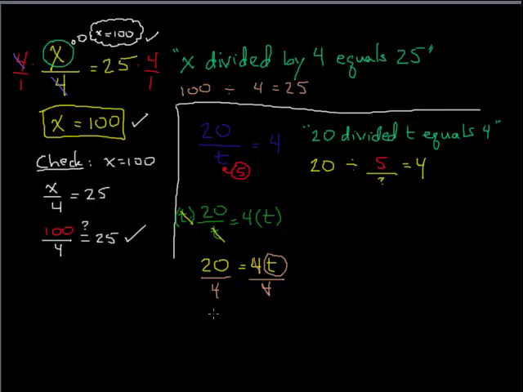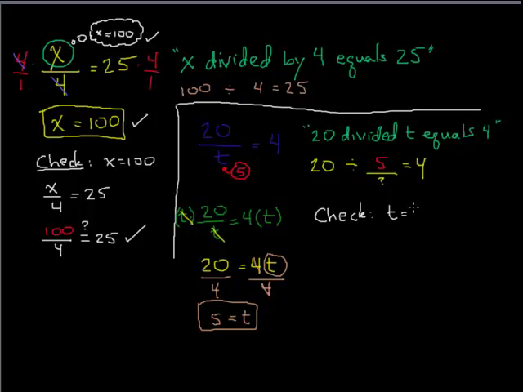Well, what's 20 divided by 4? That's just 5. So t equals 5. Now, this agrees with what we thought about, but again, we like to check, because we want to let our teachers know we really care and that our answer is correct.